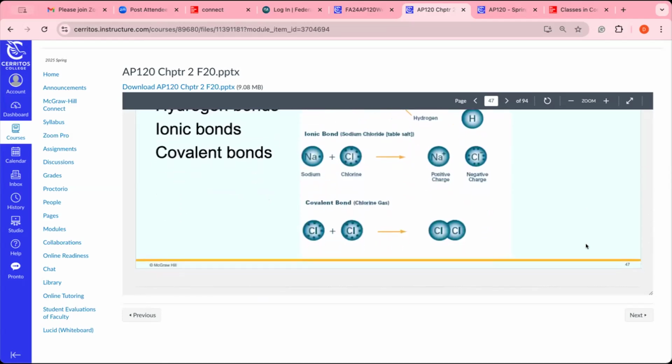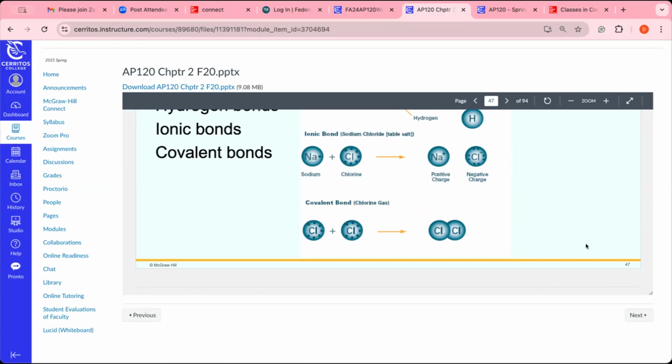Then you have covalent bonds. Covalent bonds can happen between 2 of the same molecule or different molecules. But here, they don't just combine their stuff, they share. When they share 1 or more electrons, you get a covalent bond, okay?